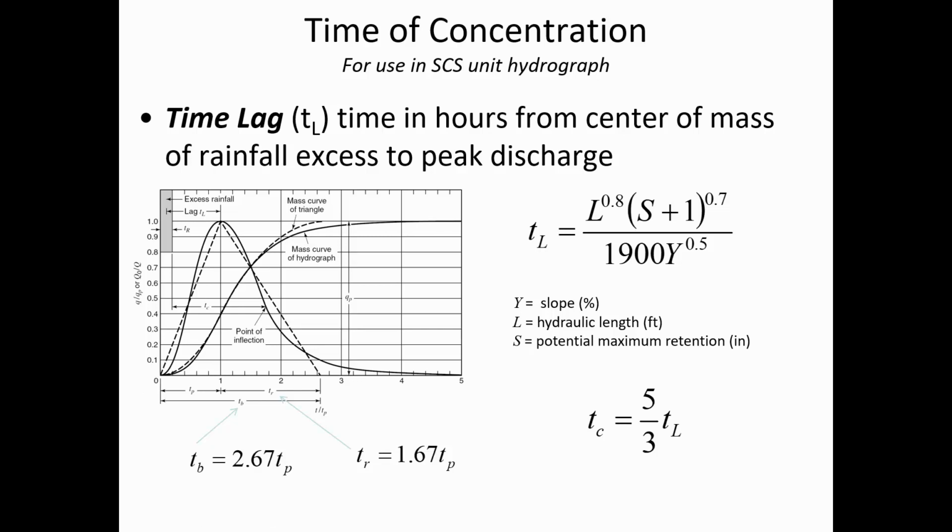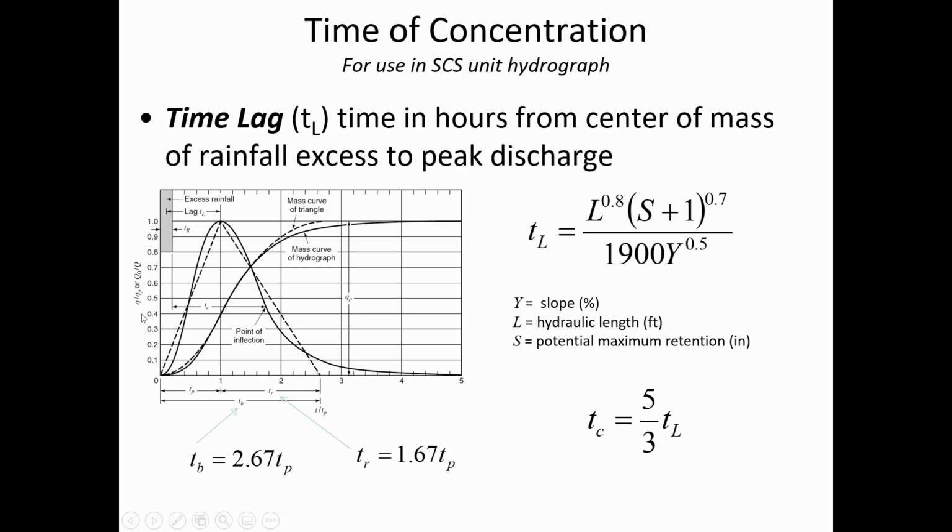It tells you the ratio of Q to QP, the flow rate at a certain time to the peak flow rate that you're going to see. It's also a ratio of what time it is to the time to peak. So this curve is scaled both in time and also in height.